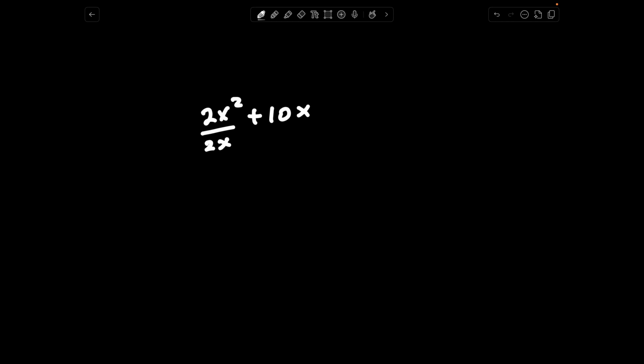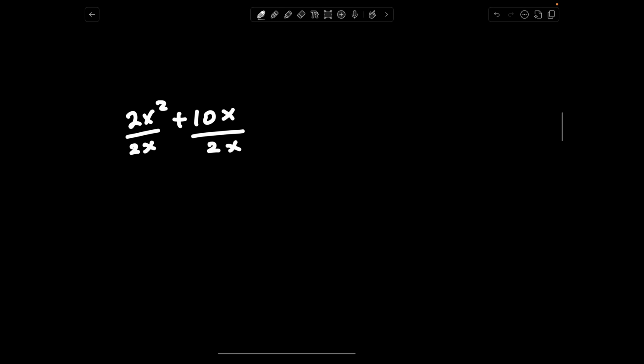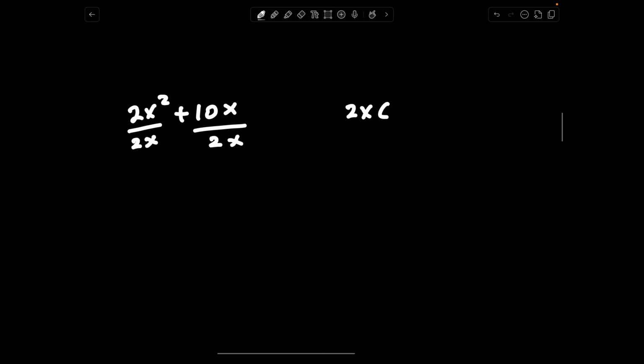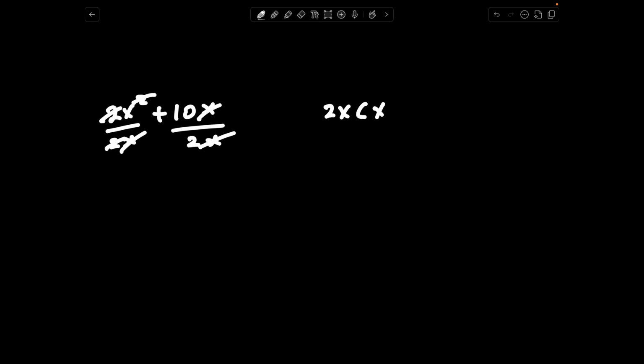You can think of it as dividing 2x from both sides. We're going to write 2x first, parentheses, the 2's cancel out, x squared and the x cancel out, the x's cancel out on this side, and we're given 10 over 2, which is 5. So we're given x plus 5.